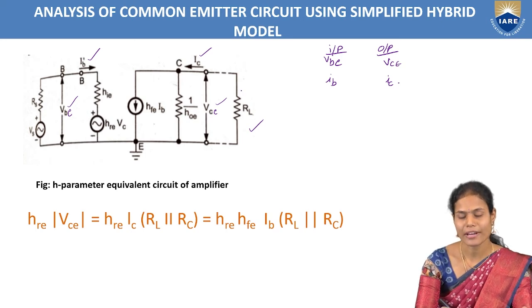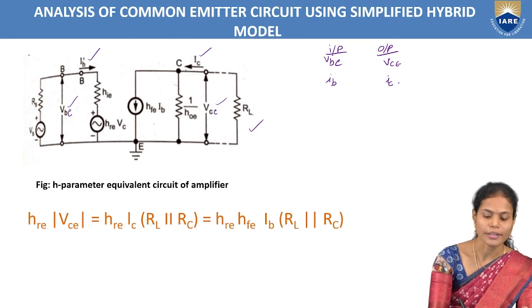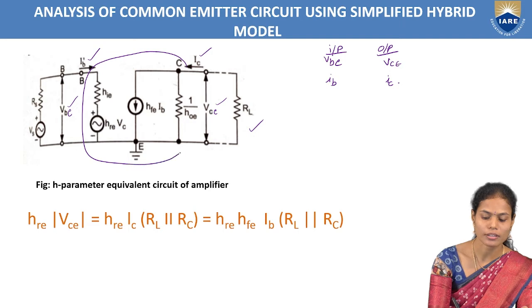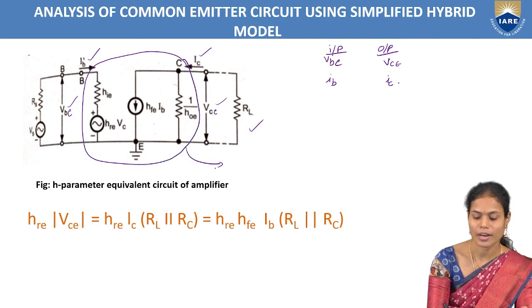So this is the H parameter equivalent circuit of the common emitter amplifier, and the middle part is our hybrid equivalent circuit.